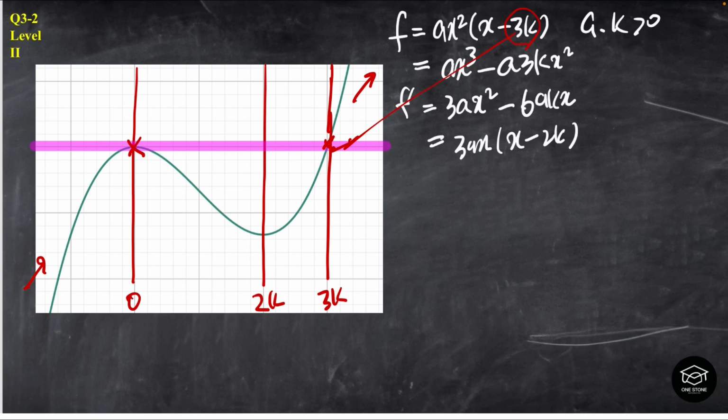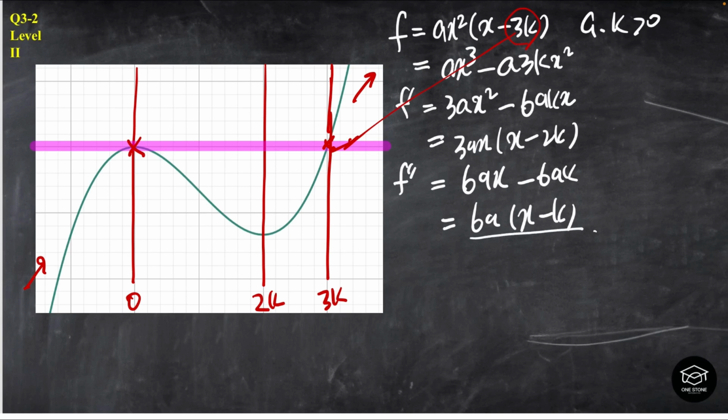Now, let's determine the point of inflection by computing the second derivative. Starting from f′(x) = 3ax(x − 2k), differentiating again gives f″(x) = 6a(x − k).